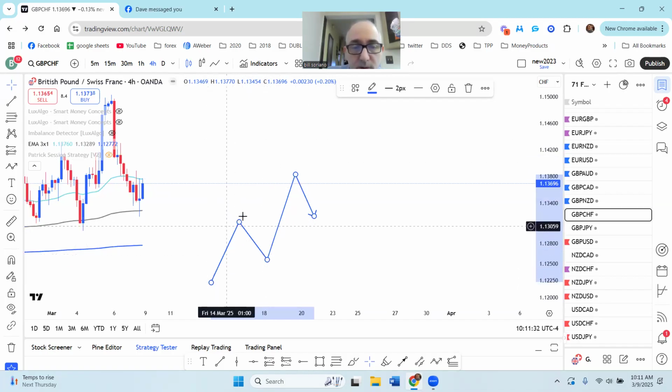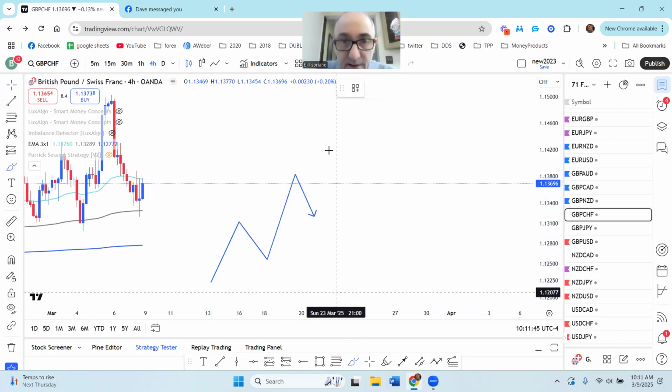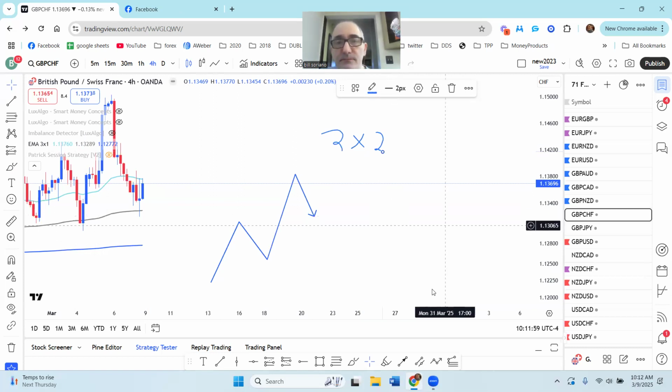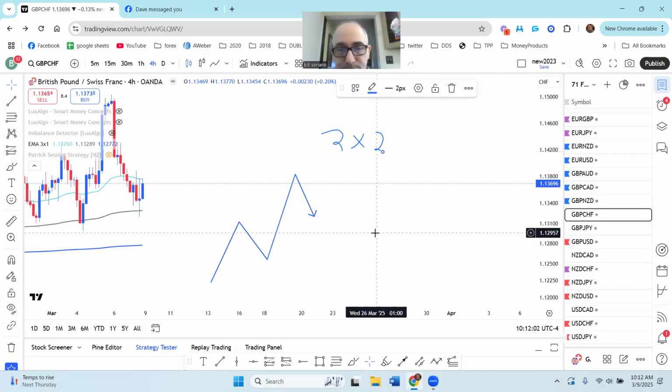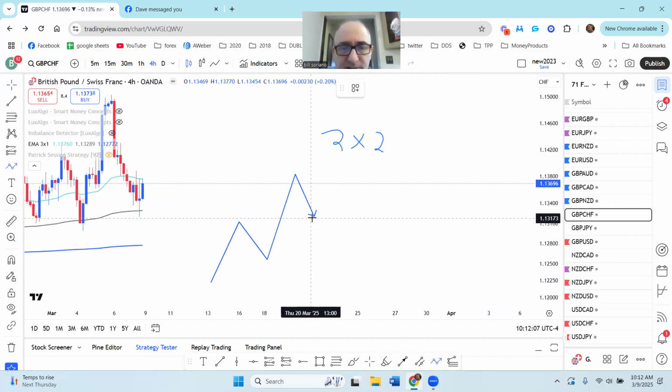You know this was either a break of structure or a change of character here, and now you have a valid pullback and a move higher, giving you that confirmation break of structure, which we used to call a 2x2. You get the change of character, and then you get a confirmation break of structure to tell you the trend has now changed.